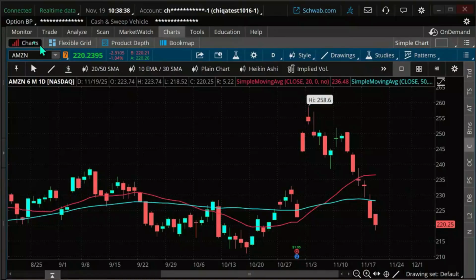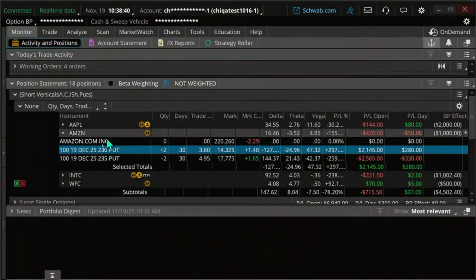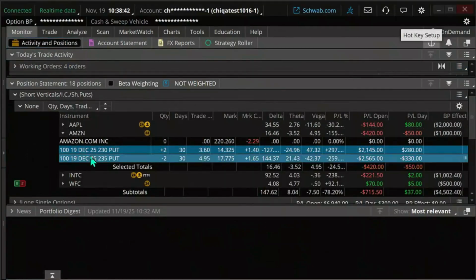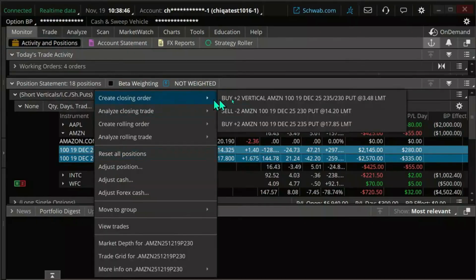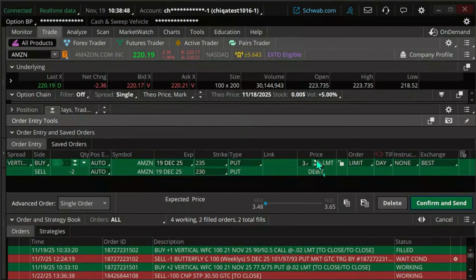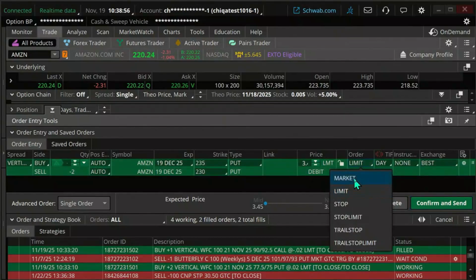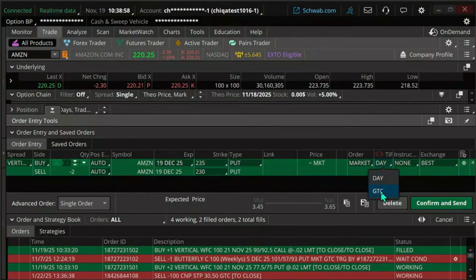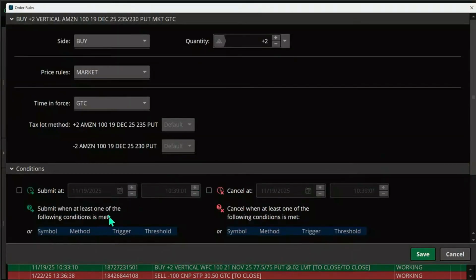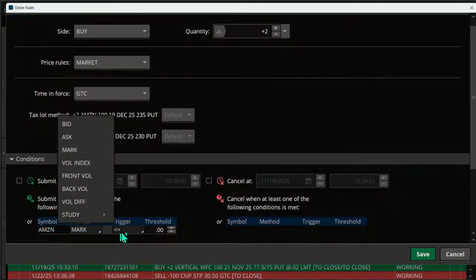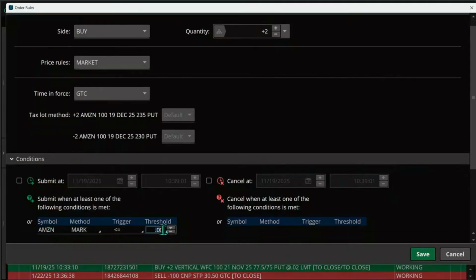A lot of times we don't set stops on short put verticals, but in this case, I'm going to, just so I don't have to manage it every day. If it goes below 215, we're going to get out, market, good till canceled. I'm going to click on the gear. We're going to get out at less than or equal to $215.